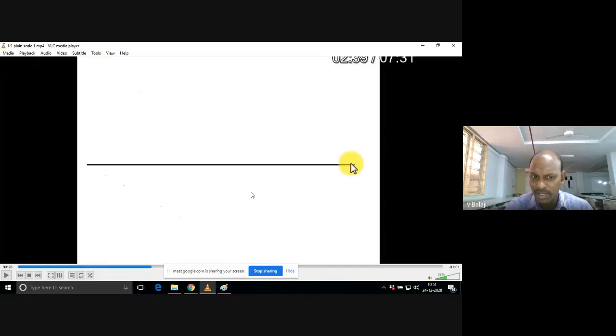After applying that reduction factor, the representative fraction, you got this particular length. Even though it is 12.5, neglect it. What the meaning behind it is, this line represents 5 decimeters. Understood the concept? Can I proceed? Yes, sir.